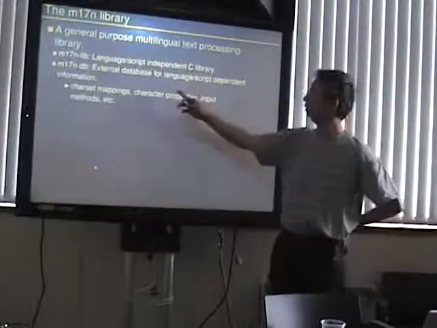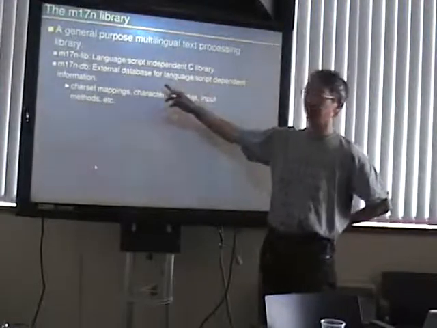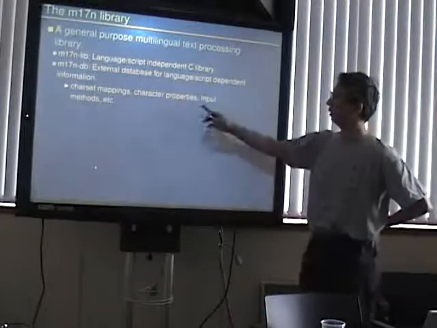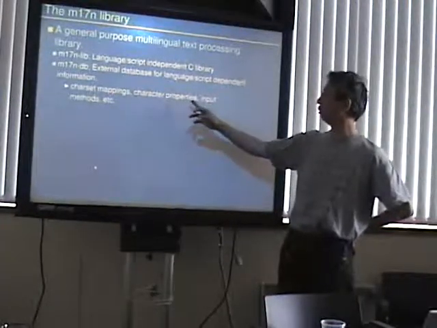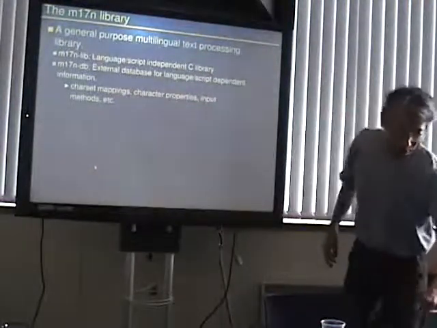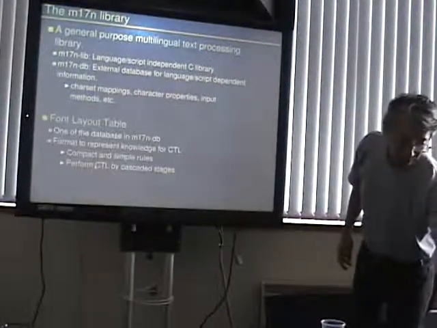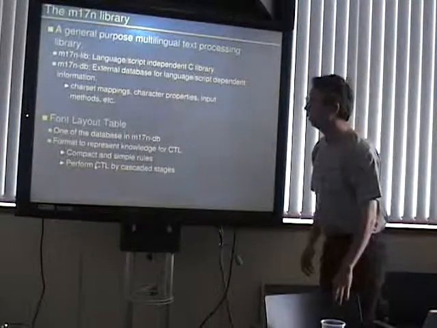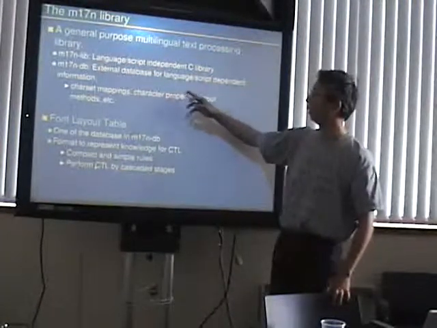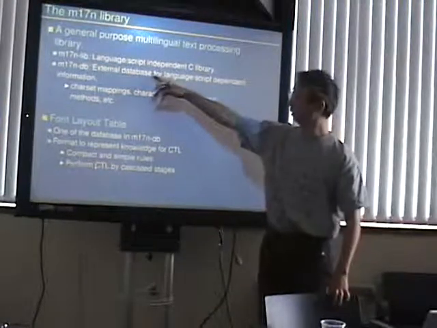That knowledge is provided by an external database called the m17n database. For instance, character set mapping, character properties, input methods, those are provided by the database. Today's topic, the font layout table, is also one of the databases provided there.